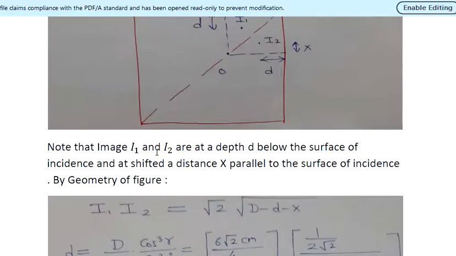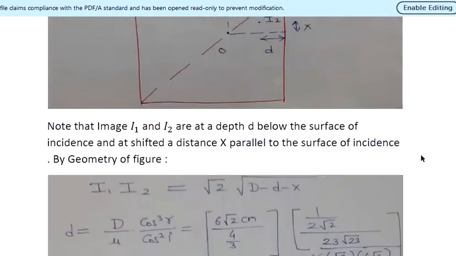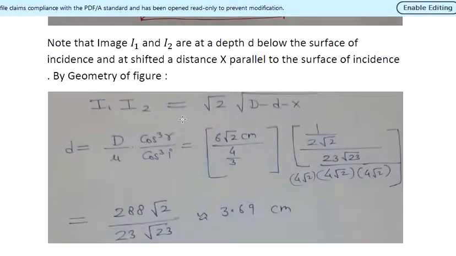So note that the images I1 and I2 are at a depth d below the surface of incidence and are shifted a distance x parallel to the surface of incidence. Now by geometry of the figure, I1 I2 will be equal to root 2 into square root of capital D minus small d minus x. Please note, capital D minus small d minus x, the square root of this quantity multiplied by root 2.